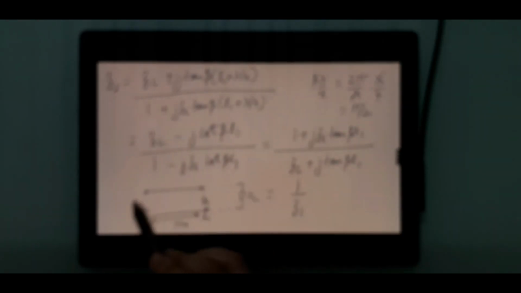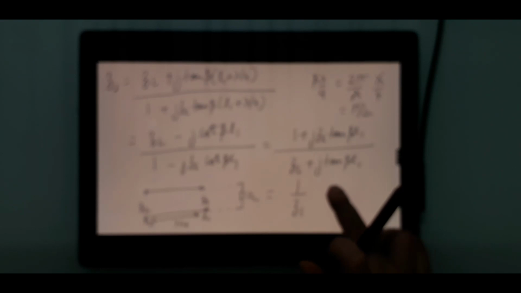Inversion of normalized impedance would mean mho. So we have proved that as you move along a distance lambda by 4, not the actual impedance but the normalized impedance inverts itself after moving lambda by 4.